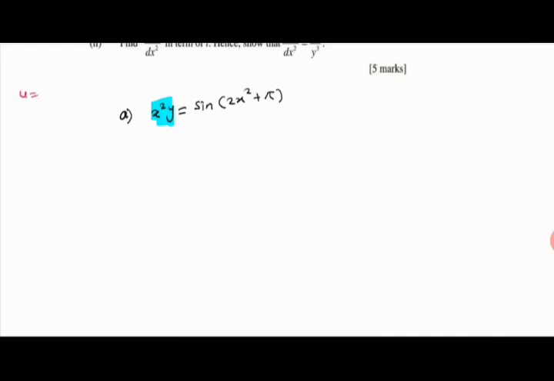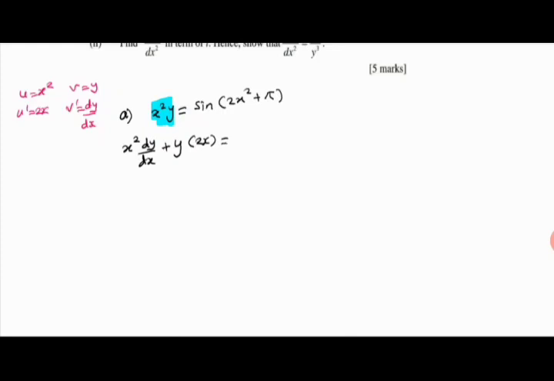Jadi u kita adalah x kuasa 2, u prime adalah 2x. v kita adalah y, so v prime kita adalah dy dx. Kemudian saya akan substitute ke dalam formula product rule, which is u and then v prime dy dx tambah dengan v, which is y, and u prime iaitu 2x.